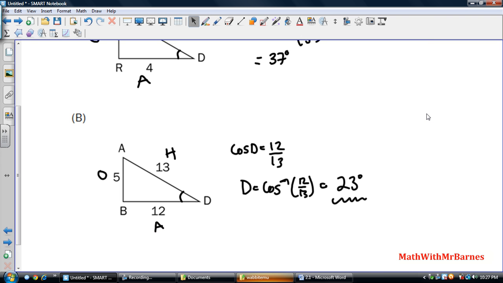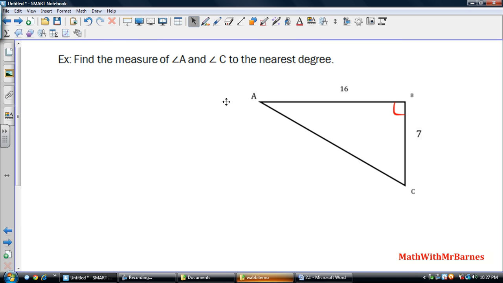Let's do one more. If we flip over to the next page, it says find the measure of angle A and angle C to the nearest degree. We're given a triangle here with only two sides, so let's label it. Let's go from angle A right now. That's my favorite angle, angle A. So this is the hypotenuse side, which we are not given.